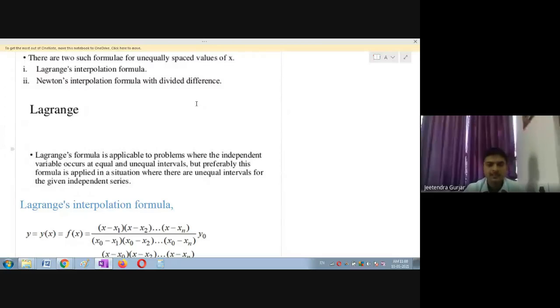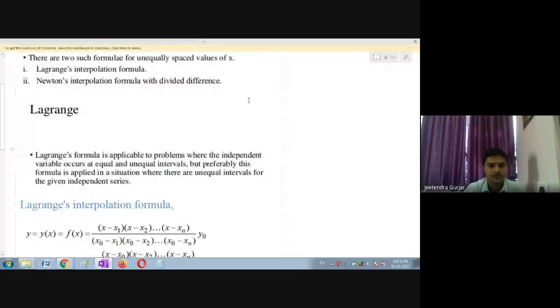For equal intervals, this formula will be a little lengthy, whereas Newton's backward and forward formulae will be helpful. So for unequal intervals, we will go with Lagrange's interpolation formula.